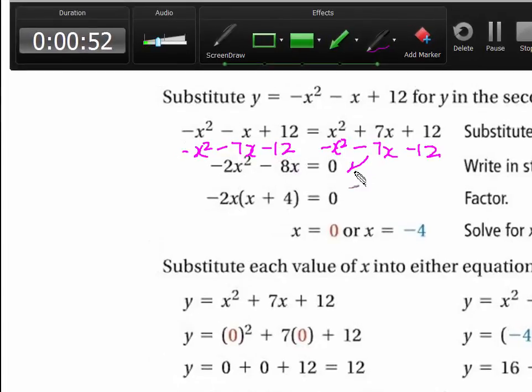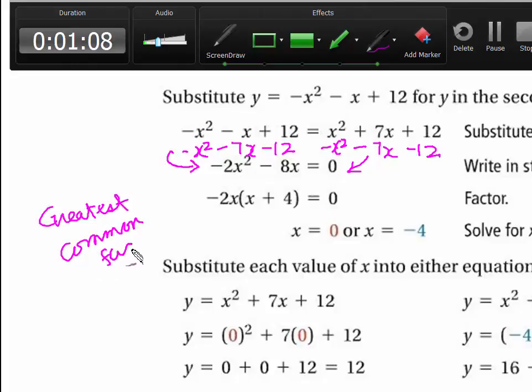So that ends up to 0, and this one, if you simplify that, you're going to have minus 2x squared minus 8x. The next step, we do factoring by using the greatest common factor. In this case, it is negative 2x.